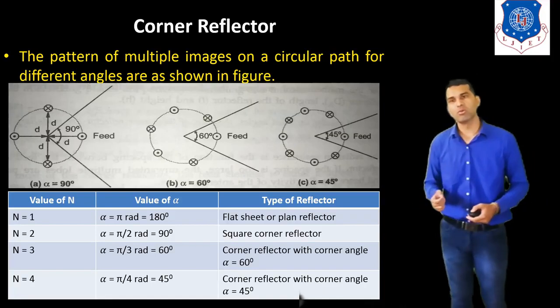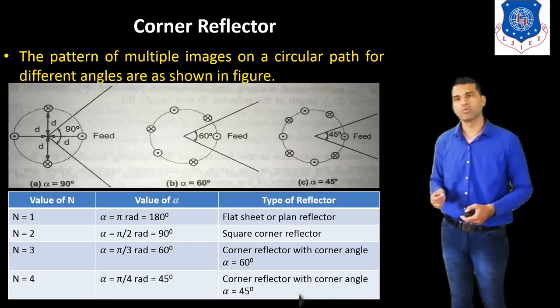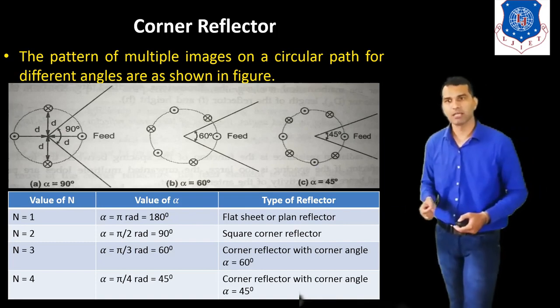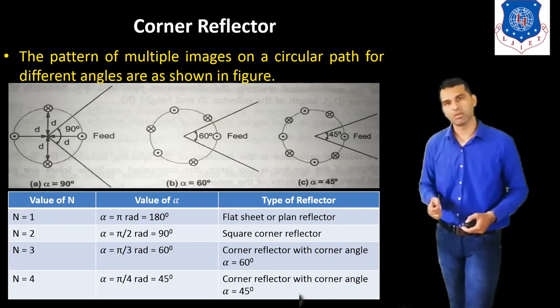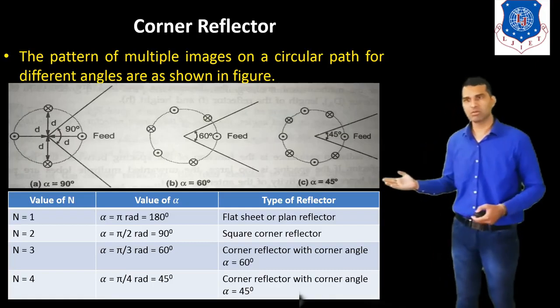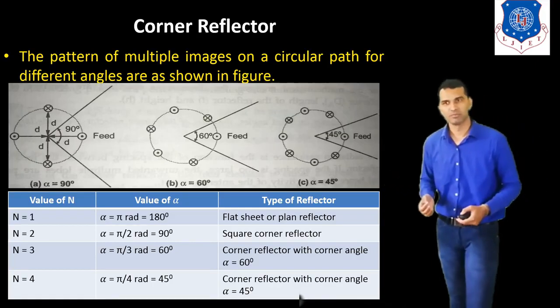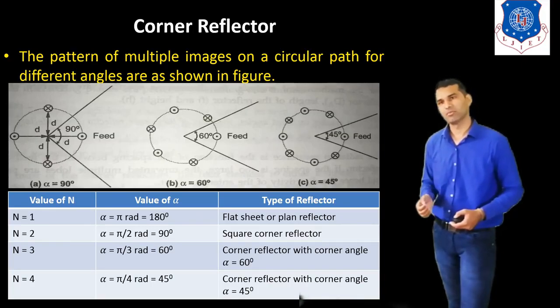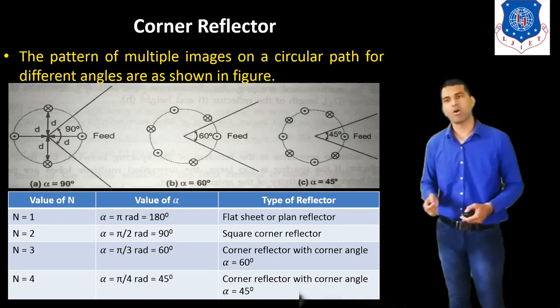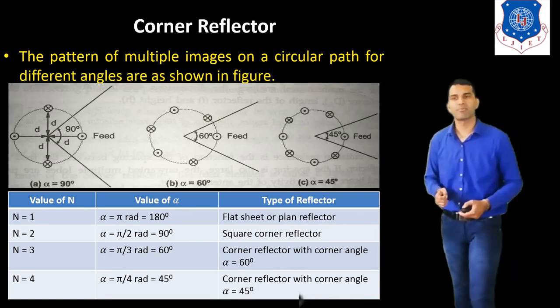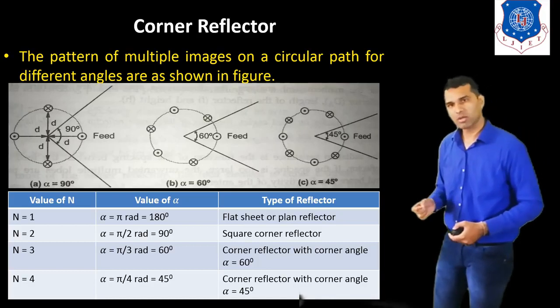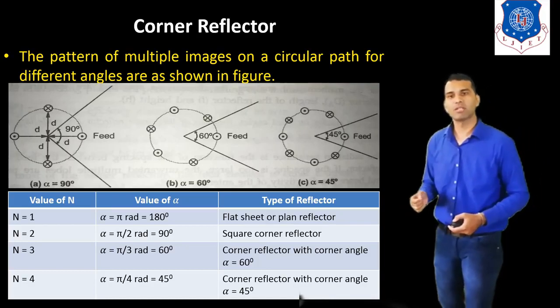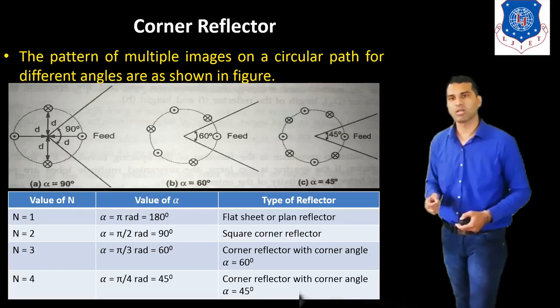When n equals 2 and alpha equals pi by 2 radians, or 90 degrees, we get the square corner reflector. When n equals 3 and alpha equals pi by 3, that means 60 degrees, we get the corner reflector with corner angle alpha equals 60. And when n equals 4 and alpha equals pi by 4 radians, that means 45 degrees, we get the corner reflector with corner angle alpha equals 45.